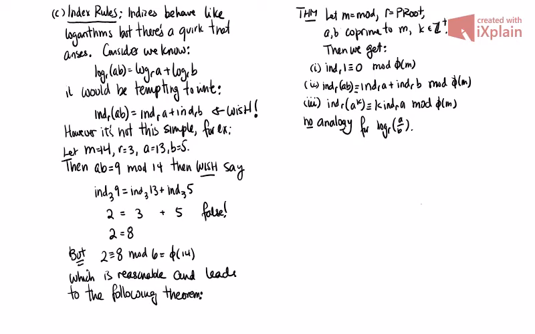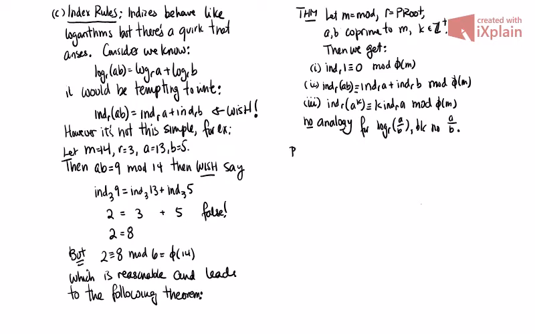You could write this as a times the inverse of b, because b would have a multiplicative inverse since it's coprime to m, but typically we don't write it that way, so we just leave it and don't write an analogy. Formally speaking, there's no such thing as a over b.